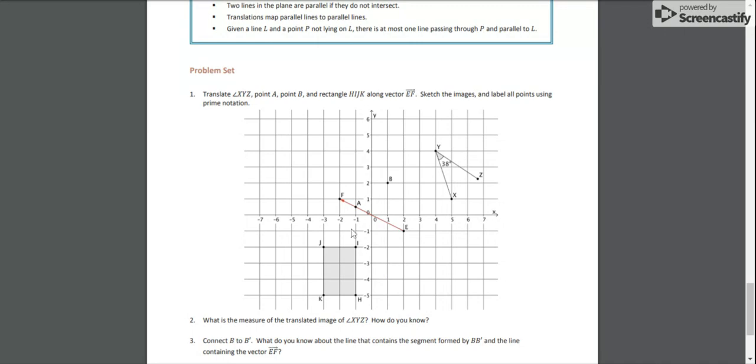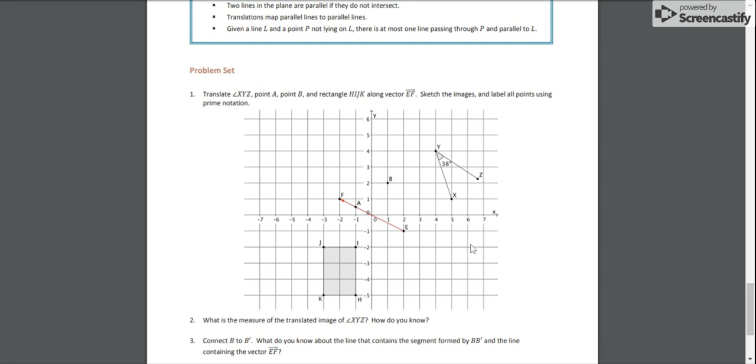That's just going to help you. You don't have to do each and every one of these axes, but just do the main X, the main Y. And then you are going to slide each of these figures over until your E is on top of the F.